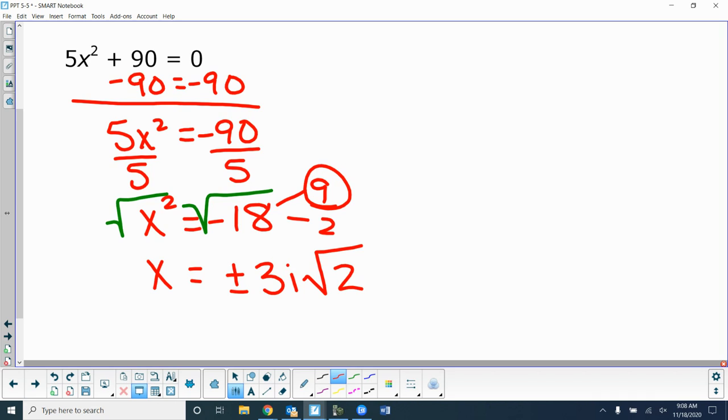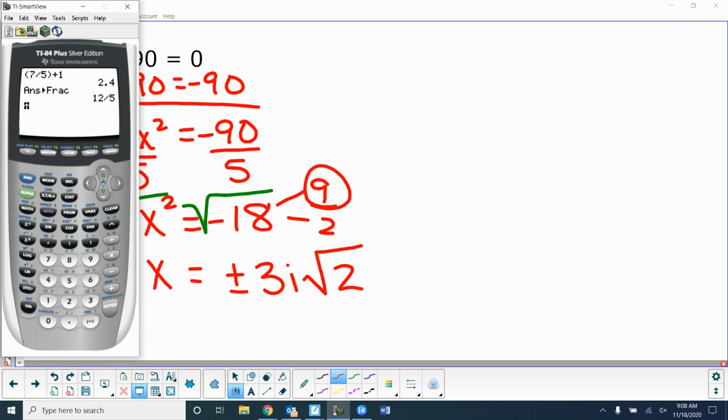So we're going to get the squared part alone, and then take the square root of our negative and simplify it in radical form. If you try to put that in your calculator, the square root of negative 18, it's going to give you a non-real answer, right?